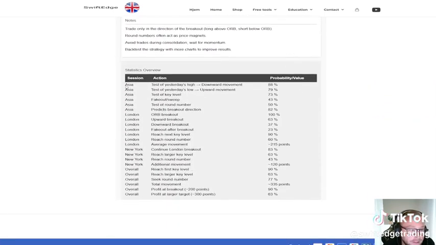Then we have statistics, so let's just take one. For example, this is statistics from more than two years of backtesting. Let's say if the Asia session tests yesterday's high, there's an 88% chance of downward movement.